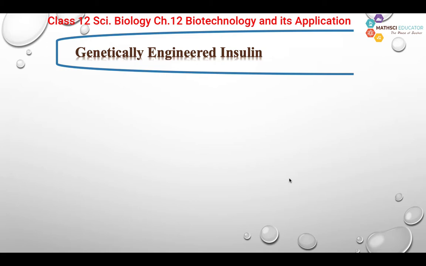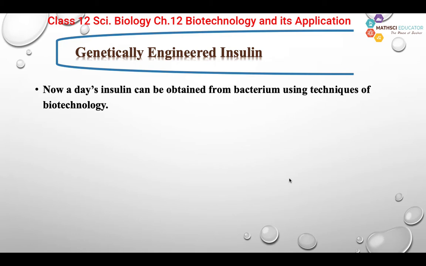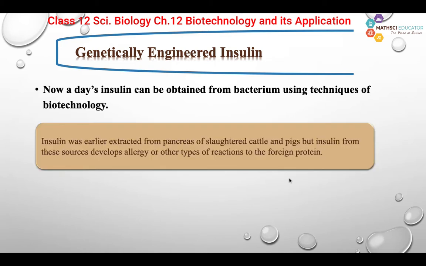Management of adult onset diabetes is possible by taking insulin at regular time intervals. Nowadays, this insulin can be obtained from a bacterium using the technique of biotechnology. But previously, it was extracted or isolated from the pancreas of slaughtered cattle and pigs.